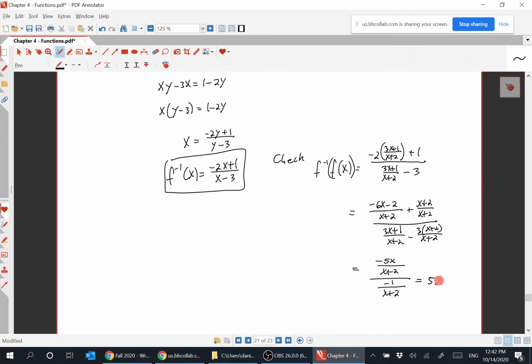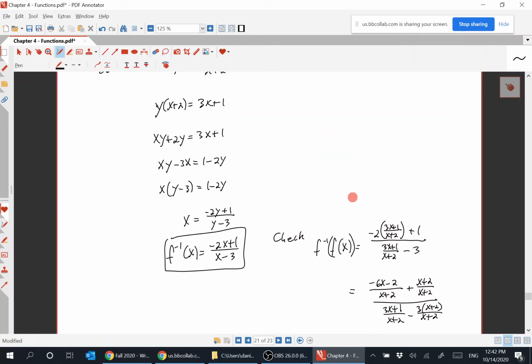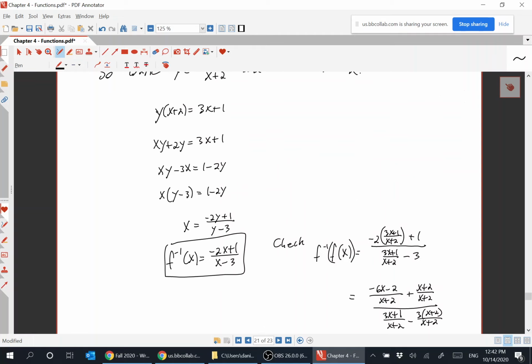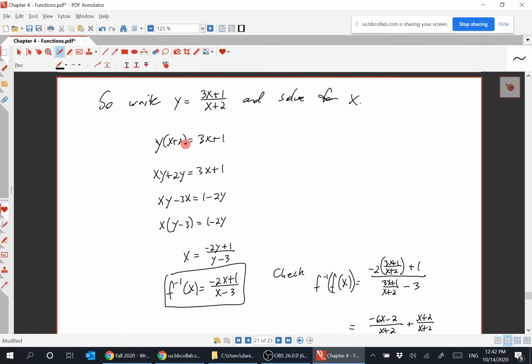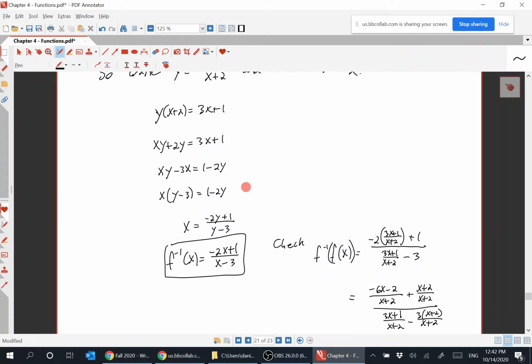Alright, what happened here? What did I do wrong? y, 3x plus 1, x plus 2, so that's xy plus 2y, minus 2y, minus 3x, y minus 3 over 1 minus 2y.